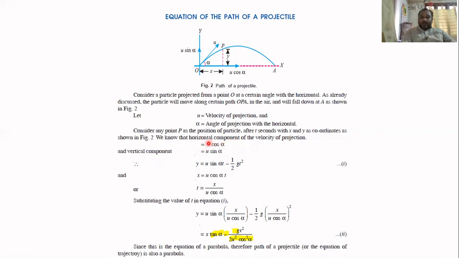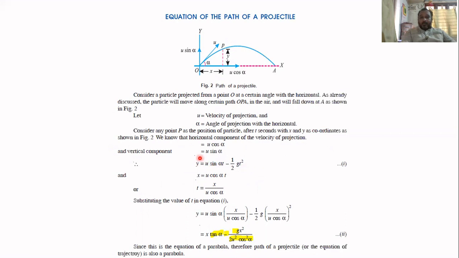U cos alpha is constant because there is no resistance in this direction. We are not considering air resistance. But in the vertical direction there is acceleration due to gravity, and at the maximum point, the vertical velocity will be zero.